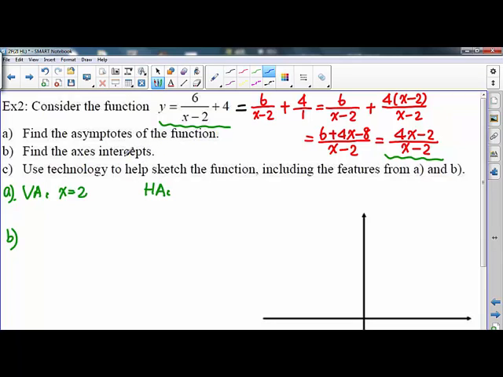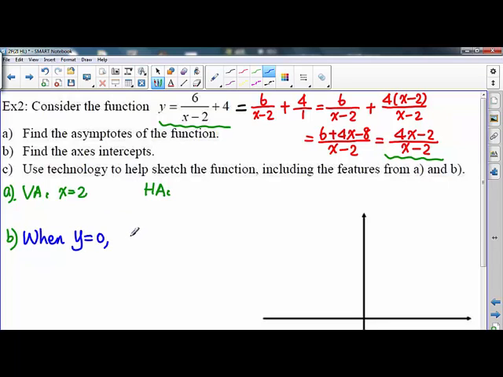If we want to find the axes intercepts, we need to look for the x-intercept and the y-intercept. For the x-intercept, let's say y equals 0.